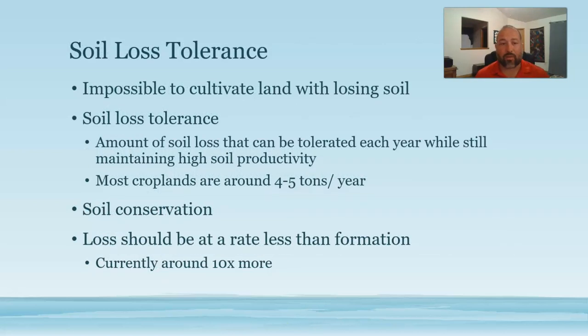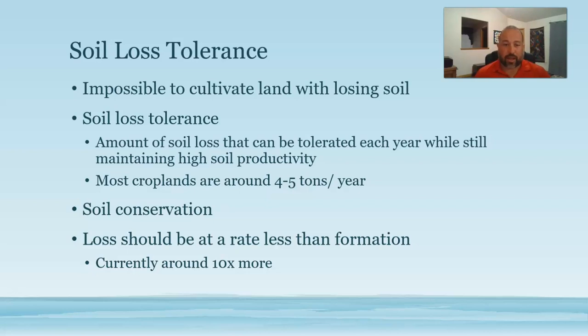And so now, knowing our perfect version of soil, now we really have to talk about soil loss, and then we're going to talk about our conservation practices. And so when we're talking about soil loss tolerance, we have to understand that it's impossible to cultivate land without losing soil. We cannot use the land without having to deal with the loss of soil.